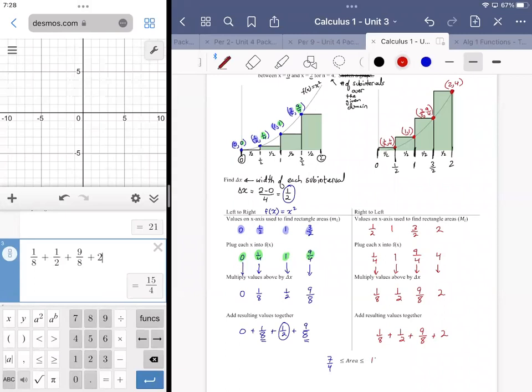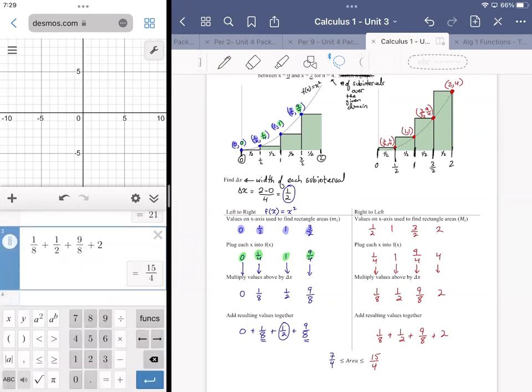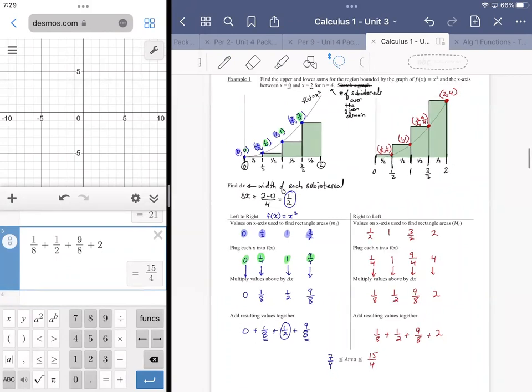So on the low end, I'm looking at an area that could be no less than 7/4. On the high end, no greater than 15/4. So from 1.75 to 3.75, somewhere in that neighborhood is where the area bounded under the curve is going to be.